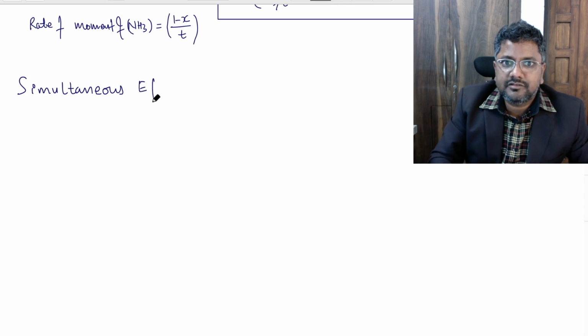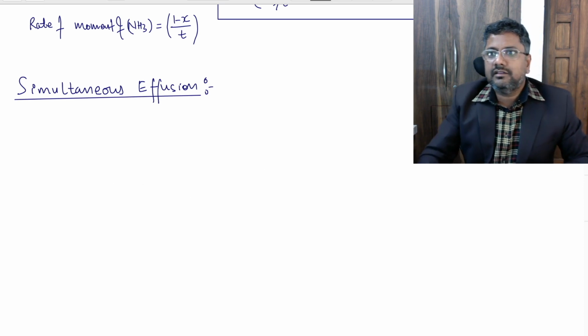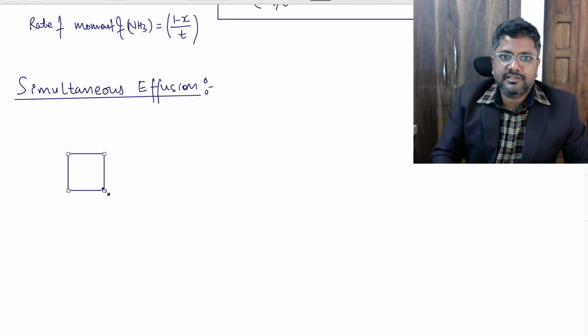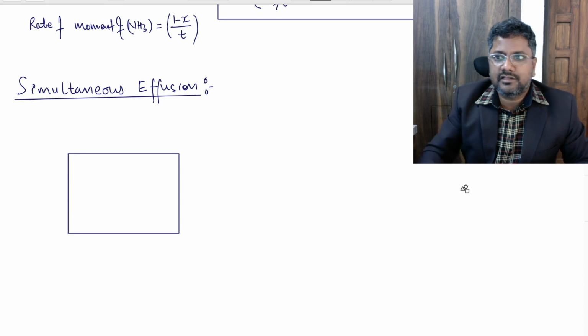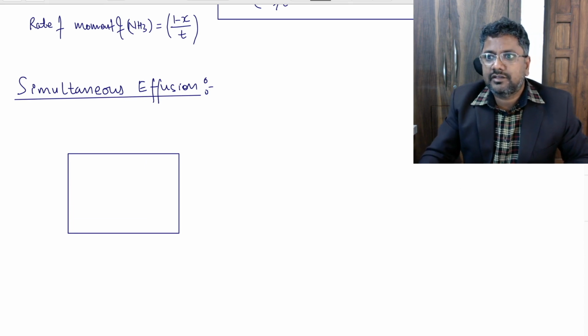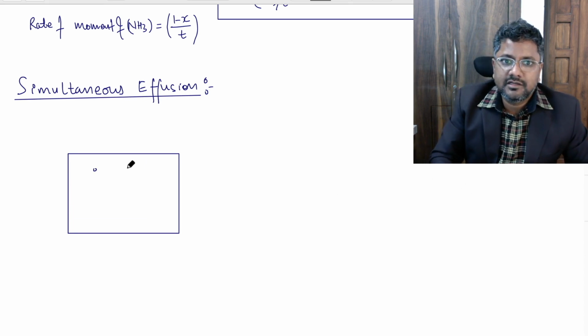Simultaneous effusion means when you have taken two gases together.